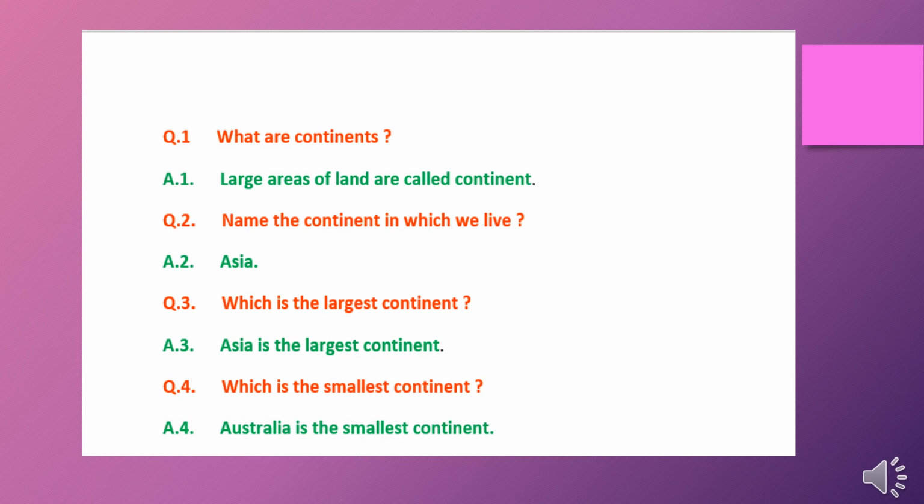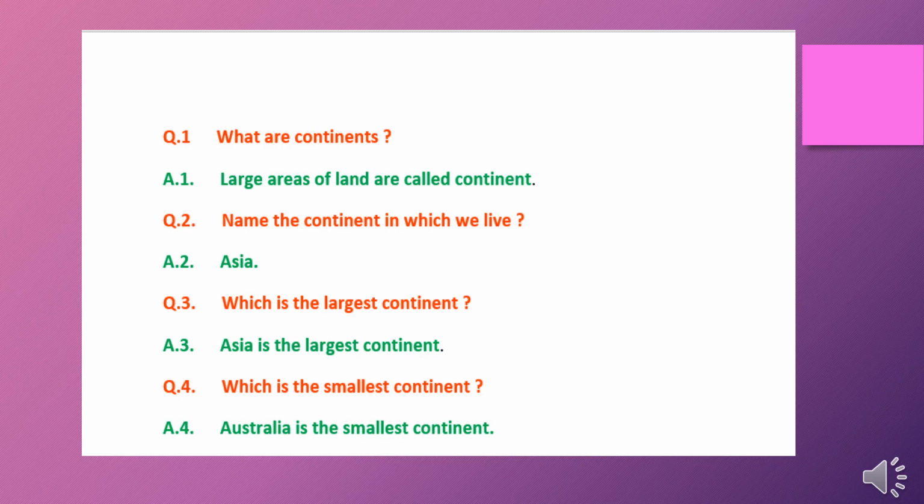Now it's time to check how much you have learned. The first question is, what are continents? Answer. Large areas of land are called continents. Next question. Name the continent in which we live. Answer.